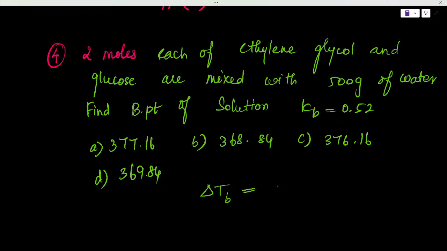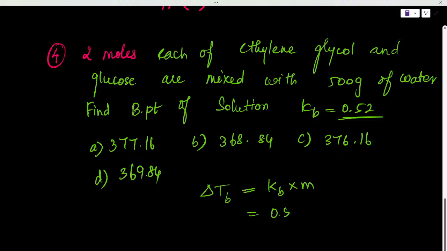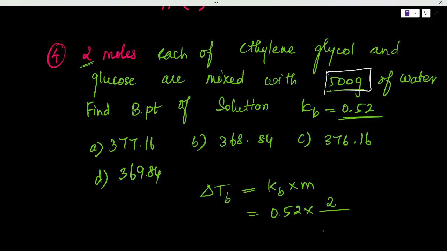You just have to apply the simple formula ΔTb, which is Kb into molality. So the Kb value they have given is 0.52. I am just substituting it. Molality, so moles per kilogram of the solvent, right? So 2 by 500 grams they have given, so I am going to take that in kilograms.